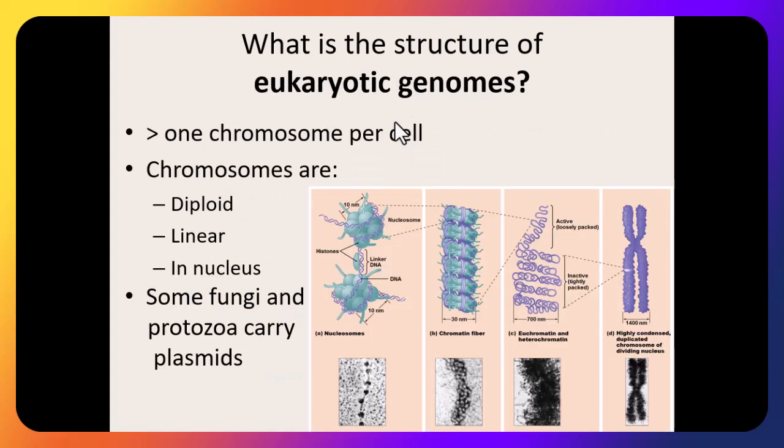Now, eukaryotic organisms like us, as well as fungi and anything in that whole eukaryotic domain, usually have more than one chromosome per cell. Chromosomes are diploid, which means they're paired. Like we have 23 pairs of chromosomes.